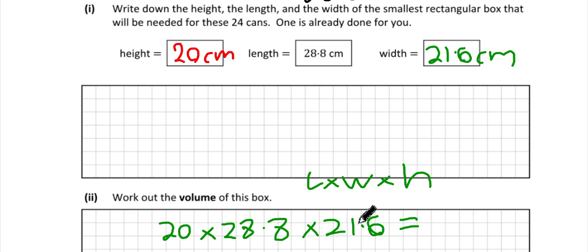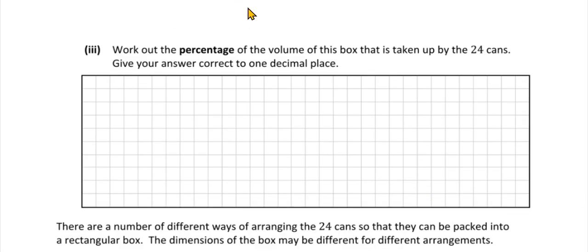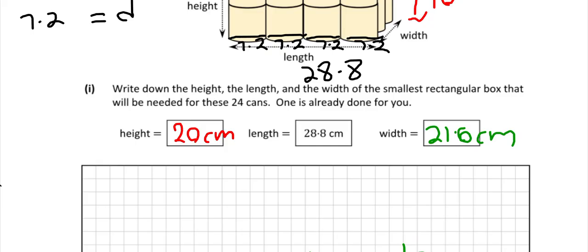What do you get, guys? 12,441.6. Can anybody confirm that? Thanks. So this box, 12,441.6. Is that correct? I probably wrote it wrong.